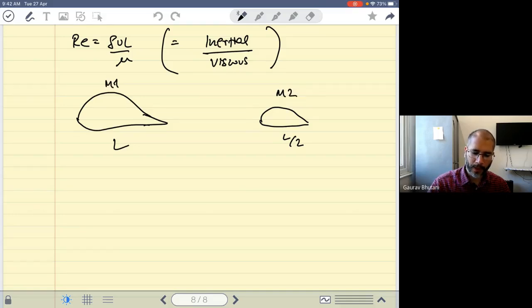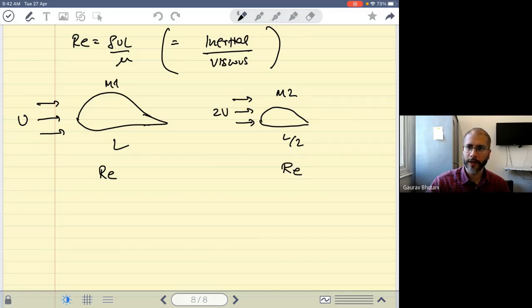In model number 1, the flow speed is u, and for model number 2, what you have done is you have made the speed 2u. So what we see is the Reynolds number, if it is Re here, it is also Re there, because you double the velocity and you halve the length. So the product u times L, or 2u times L by 2 in this case, is still u times L. The Reynolds number is still the same.